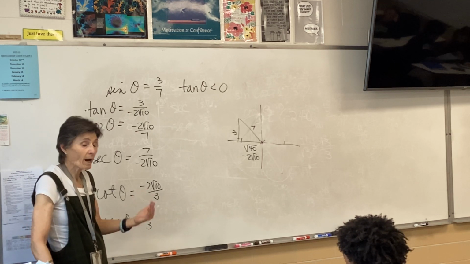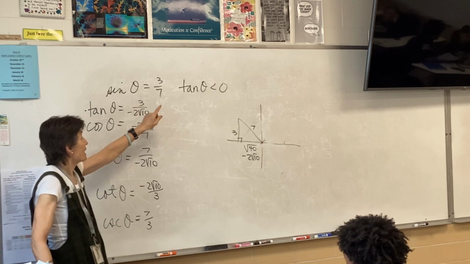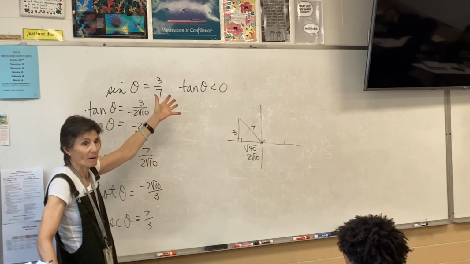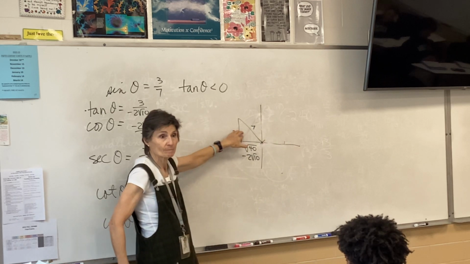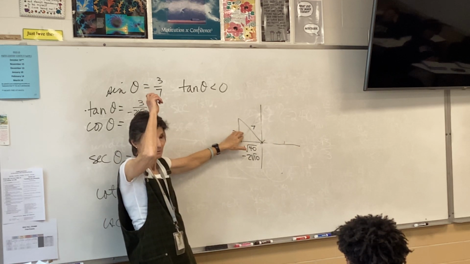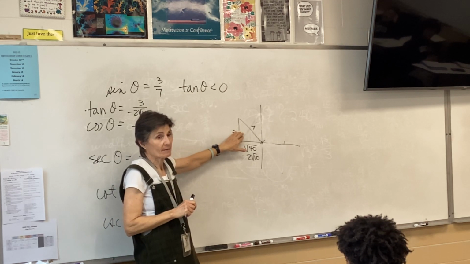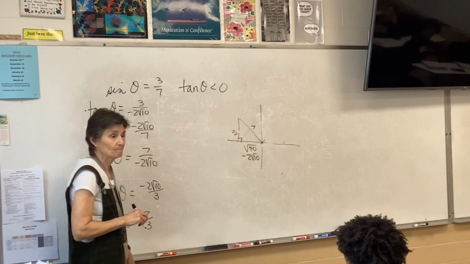So if y over r has to be positive, it's positive 3/7, and r is always positive, then y has to be positive. So it has to be on the top, which happens here or here. But the tangent has to be negative, it has to be less than 0. And nothing's negative in quadrant 1, so it has to be quadrant 2, right?